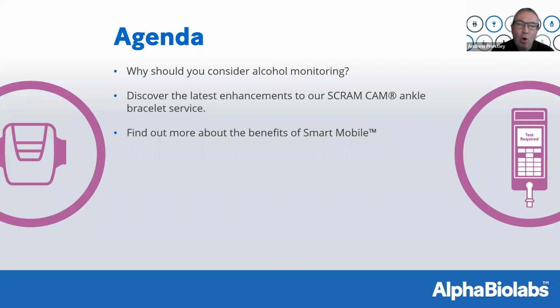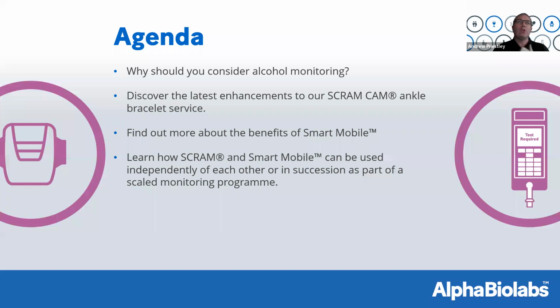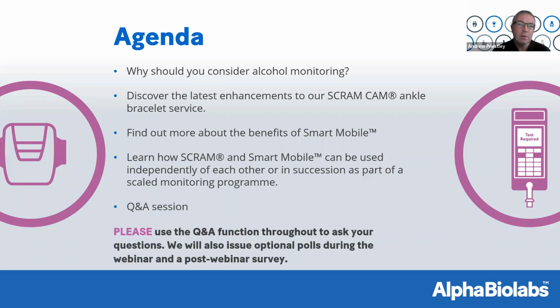We're then going to find out more about the benefits of Smart Mobile. As well as looking at how both solutions can work independently of each other, we'll also look at how they can be used with the same client as part of a scaled monitoring program. We'll then conclude the webinar with a Q&A session, as we always do.